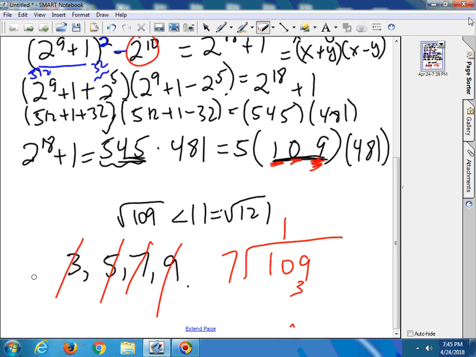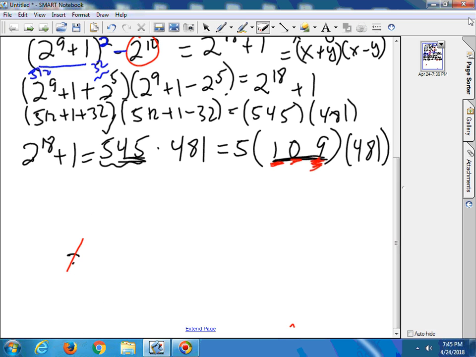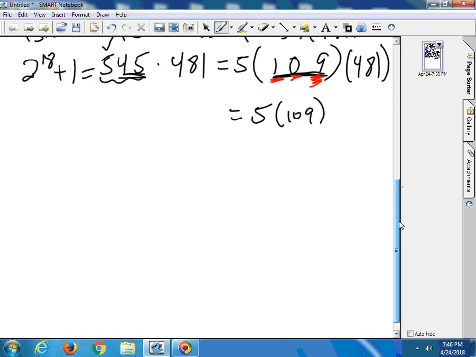So 109 is not factorable. So for now, we know that our answer is going to be 5 times 109 times 481, had you factored it, if in fact it is even factorable.